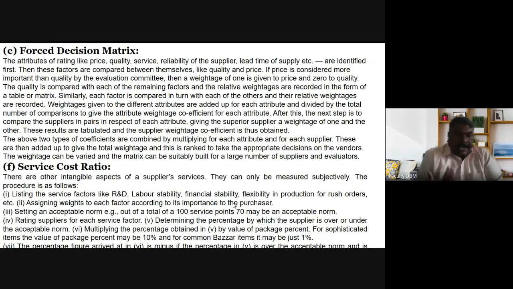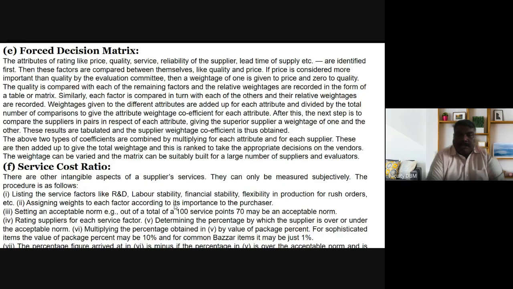So a company will decide service costs of the labor, R&D, financial stability and flexibility in rush orders. They are going to give some weightage to those particular points and the acceptable norm is 70%, out of 100 service points.